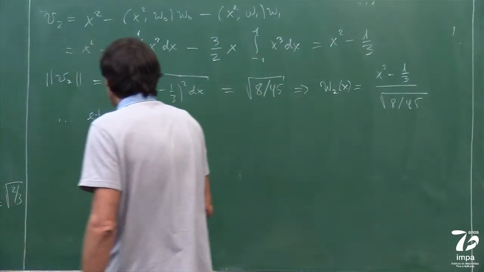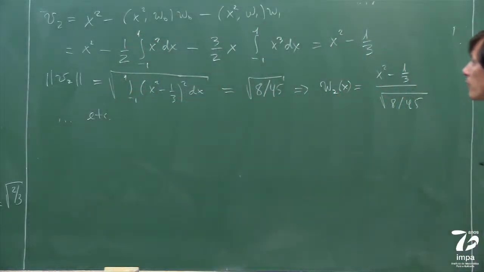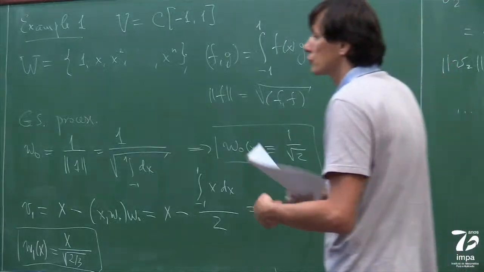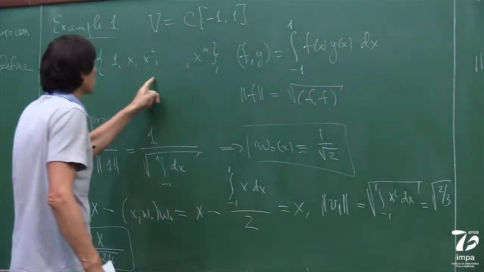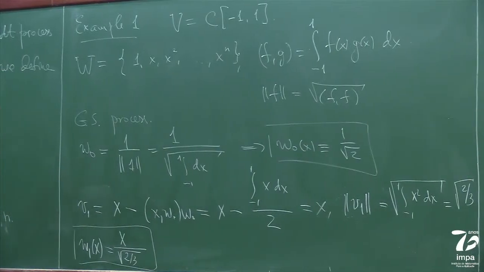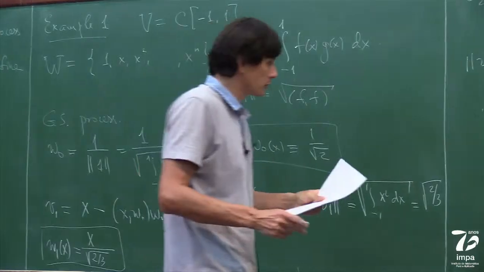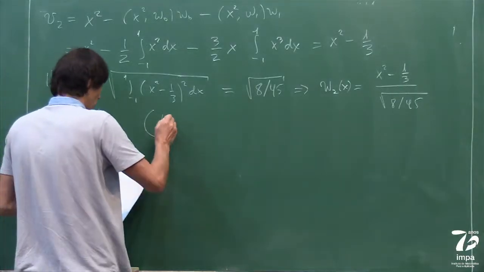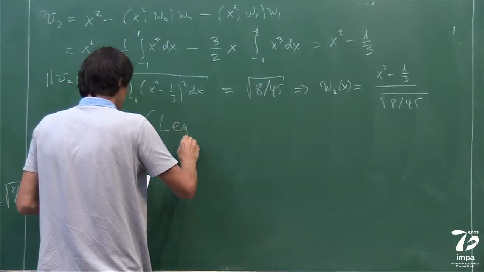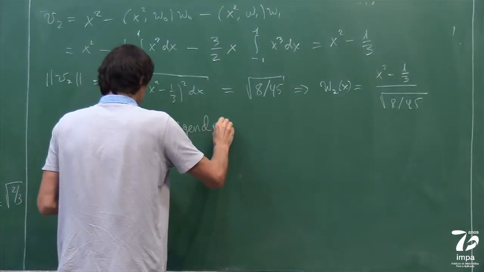And this way you find the sequence of polynomials which will be orthogonal to each other. It will be an orthonormal basis, and this basis is what's called Legendre polynomials.